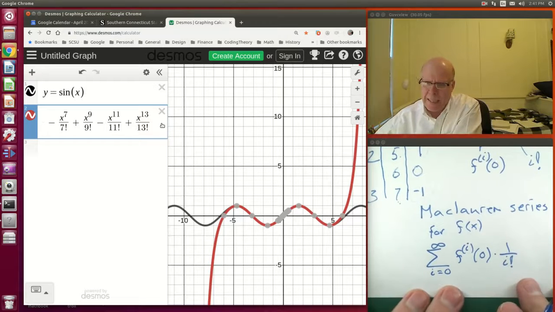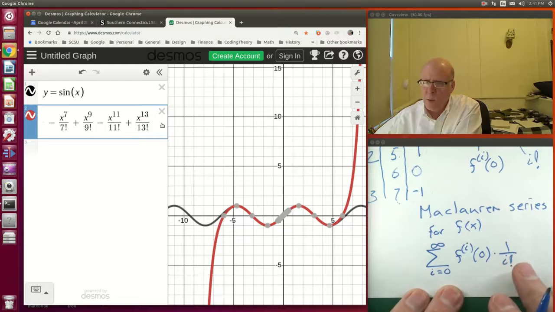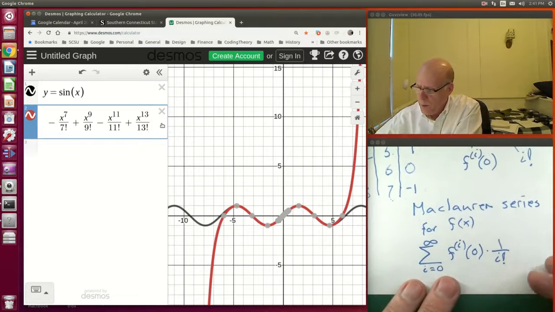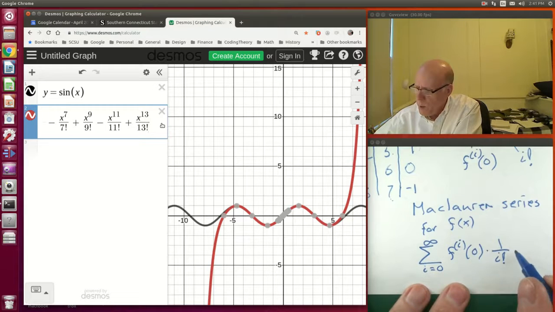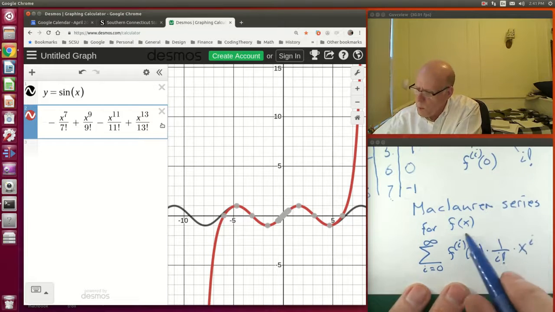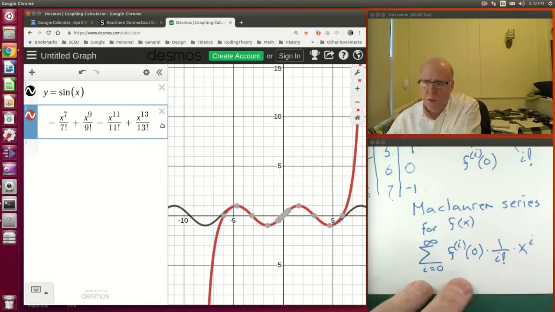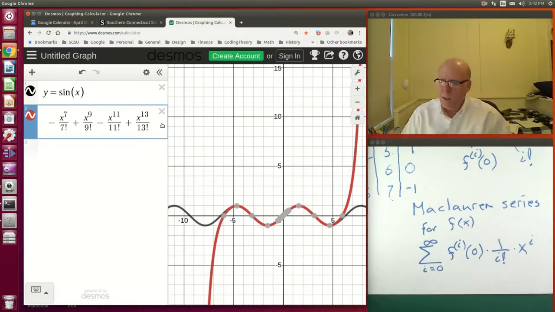We're basically scaling the derivative by dividing it by i factorial to make it match the actual pattern, and then it'll have x to the i power. That's called a Maclaurin series. Sometimes people write these two together. It'll be f's ith derivative at 0 divided by i factorial. I kind of like keeping those separate, but it doesn't matter.